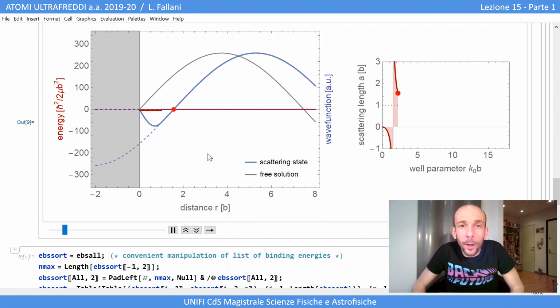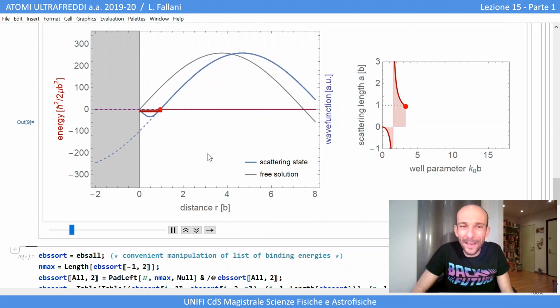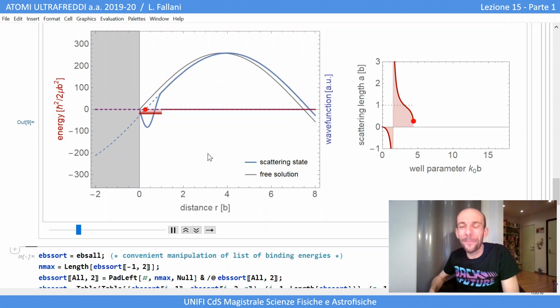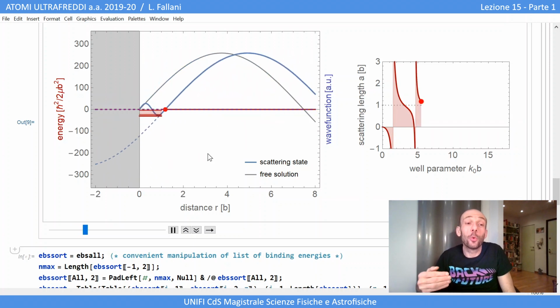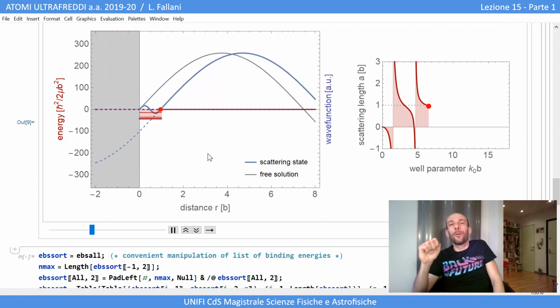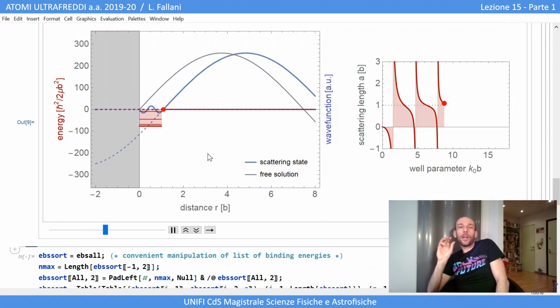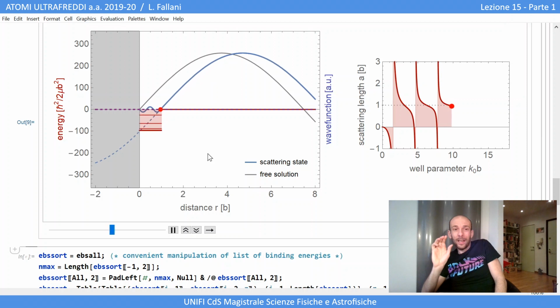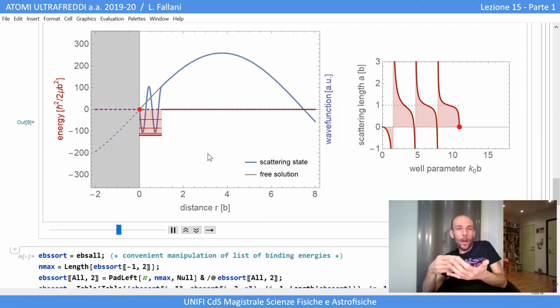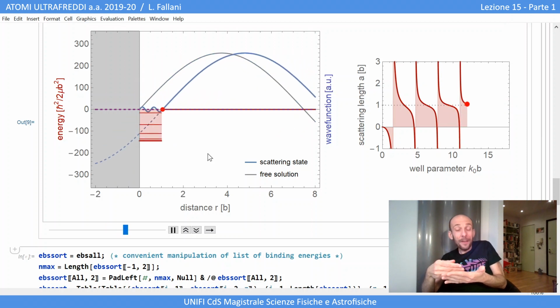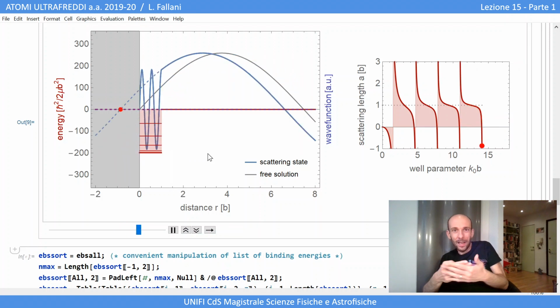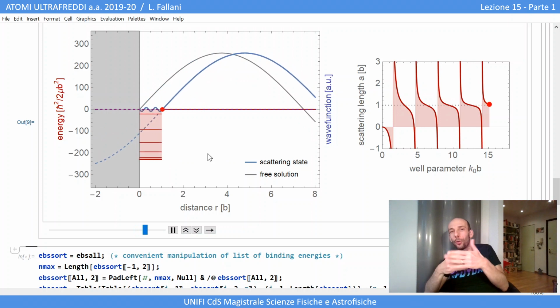But we can invoke an effect of quantum mechanics that you can see here very clearly, that is called the quantum reflection. What is quantum reflection? In quantum mechanics, if you consider a potential well, the potential well gives you a probability of reflection as in the case of a potential barrier.